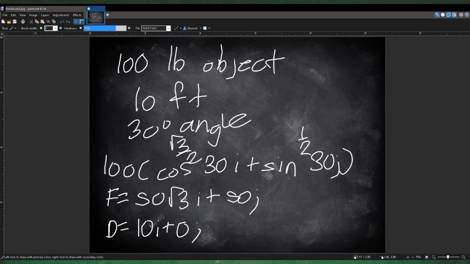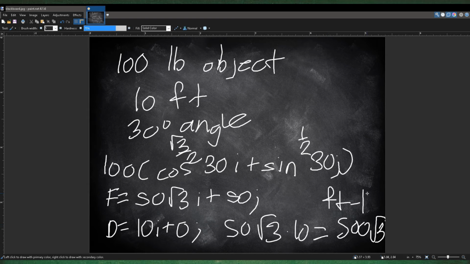You have 50 square root 3 times 10, which is 500 square root 3. So the amount of work is 500 square root 3 foot-pounds, because you're using feet and carrying it in pounds.